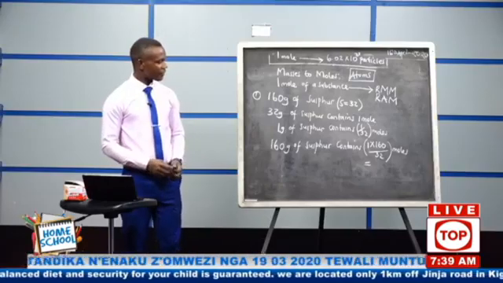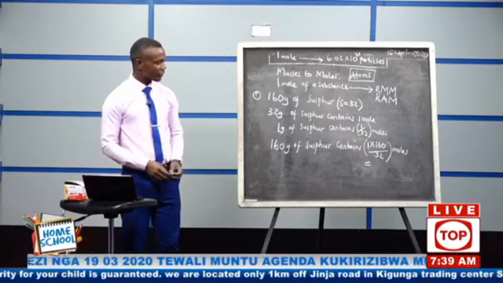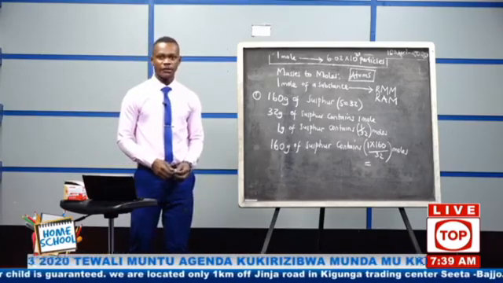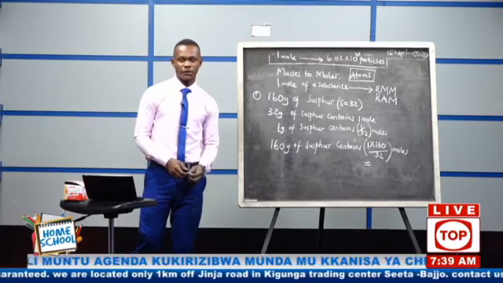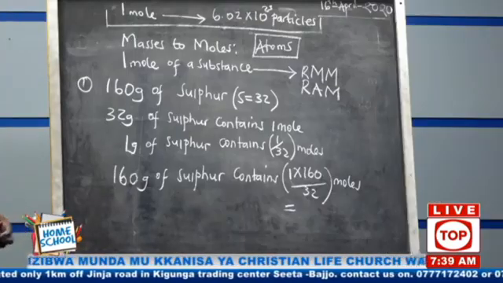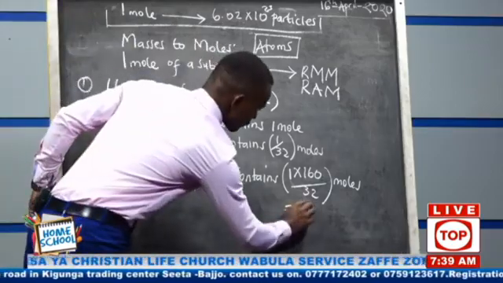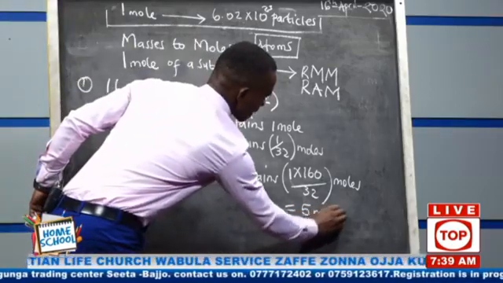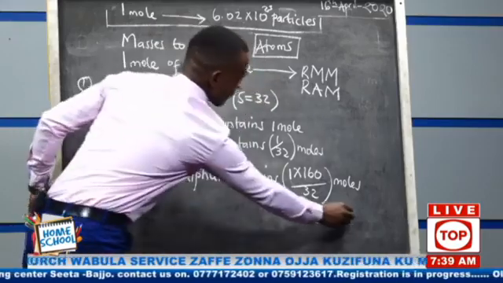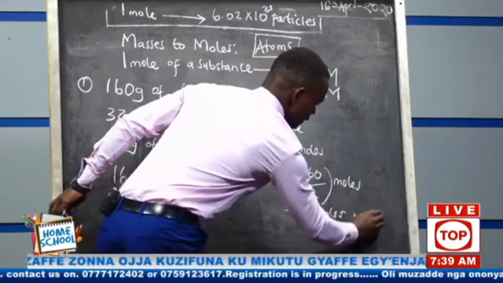Put in some simple math. During your free time, play around with your calculators so that you can perfect them, so that you stop looking for buttons. You say, now where is 1, where is 2, where is 6? You'll get 5 moles of sulfur.